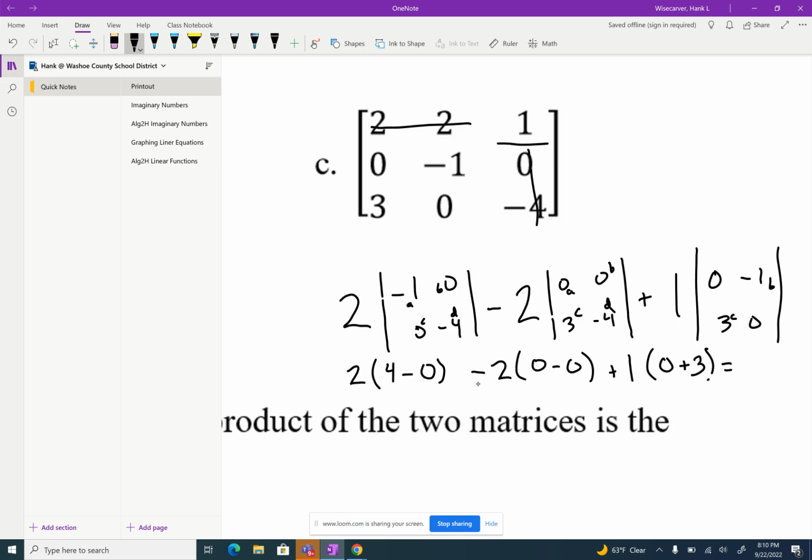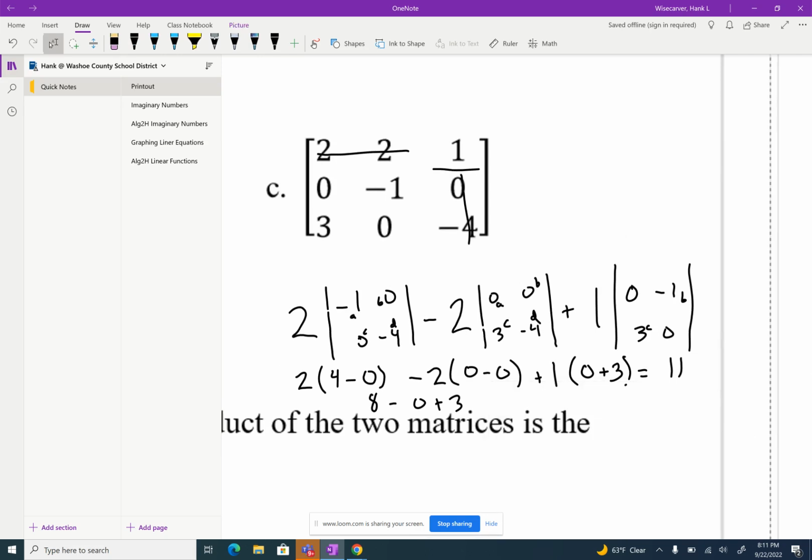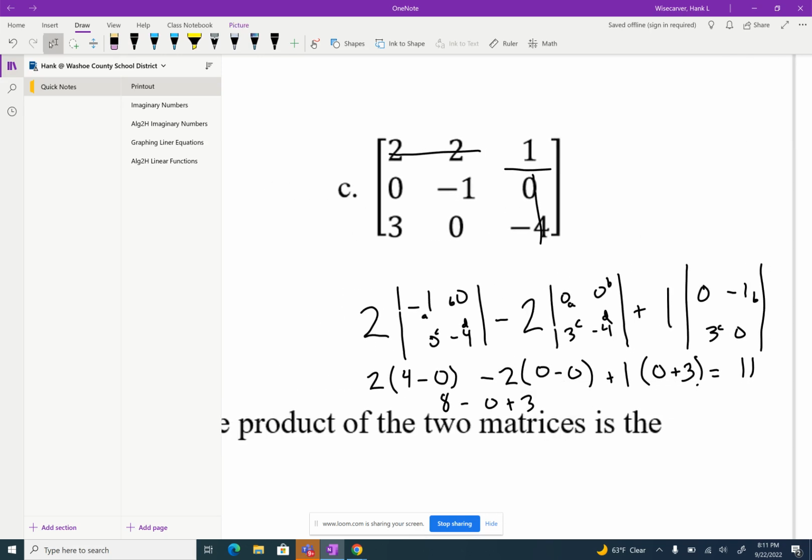So the answer here is going to end up being, we've got 8 minus 0 plus 3. Yeah, so it looks like the answer to this is 11. The determinant is 11. A lot more of a process there with a 3x3 than a 2x2.